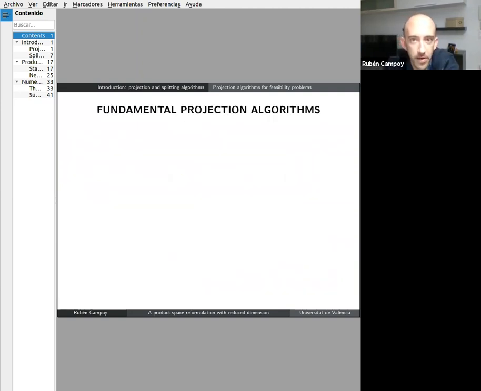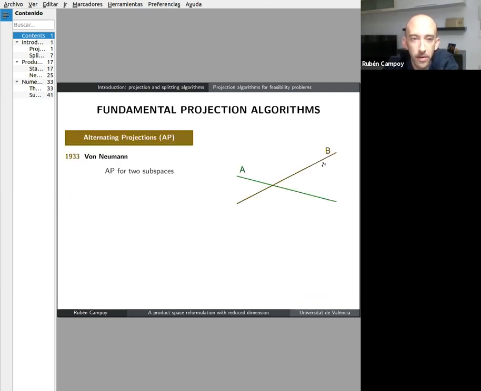For the classical projection algorithms, we start with the alternating projections method. It was originally proposed by von Neumann in 1933 for 2 subspaces. And its iteration is just what its name indicates: it's just projecting alternately onto the sets. So we start projecting onto A, onto B, and so on.